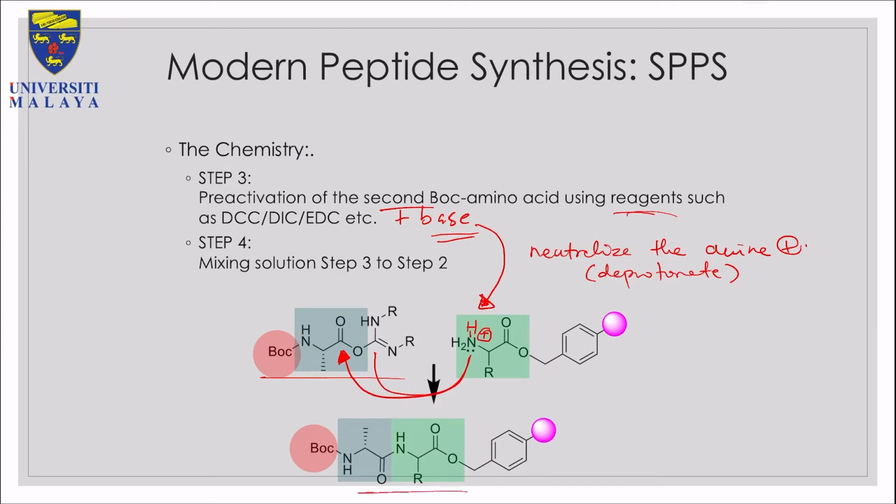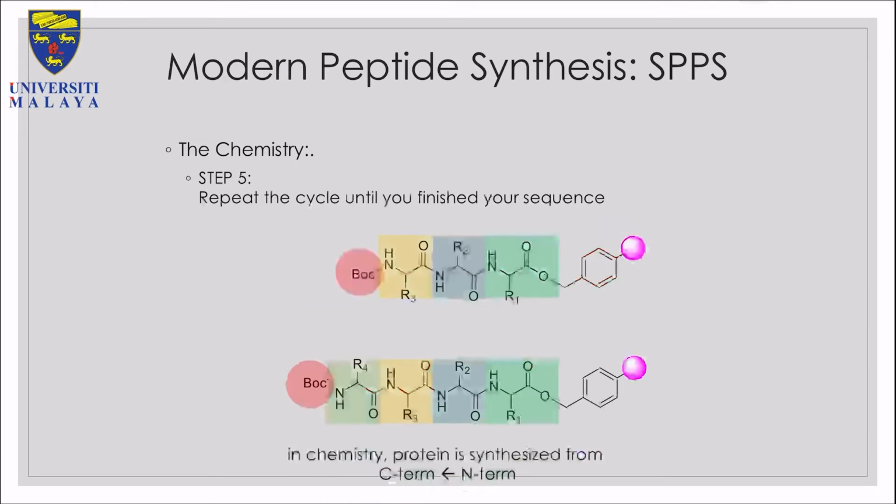Okay, so that is the third and fourth step. So you mix it, it's the fourth step. And what you do after is you just repeat the cycle until you finish your sequence.